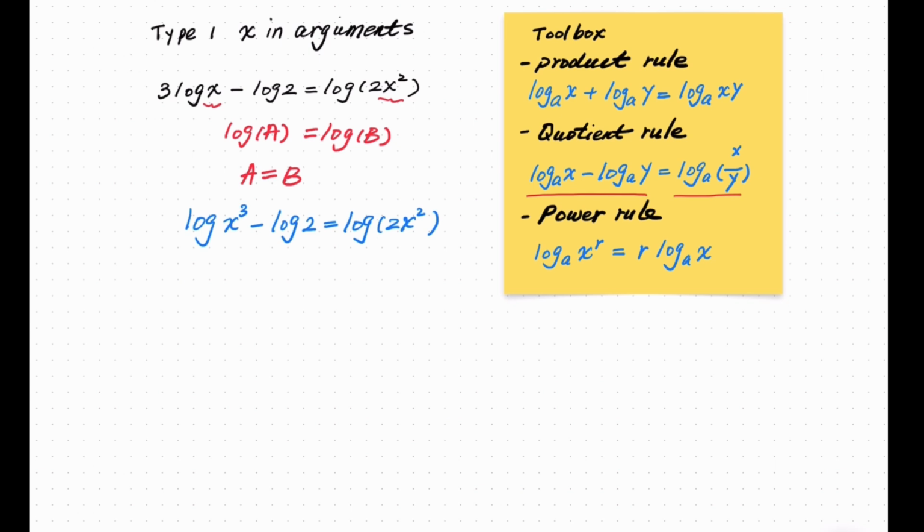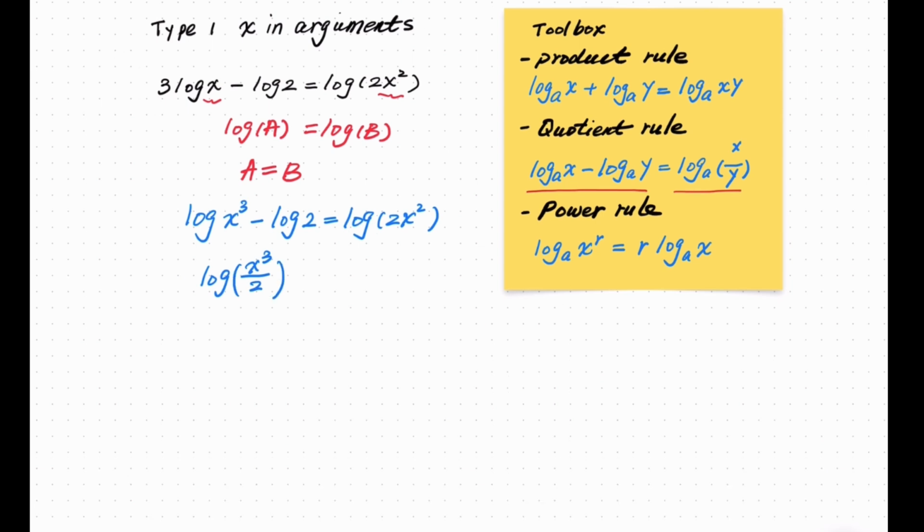Applying this rule, we'll get log x cubed divided by 2, which is the argument of the first log expression divided by the argument of the second log expression. Now we've simplified the left side into a single log expression.